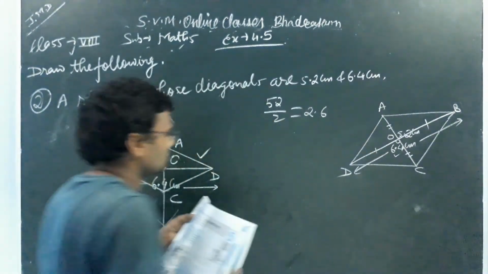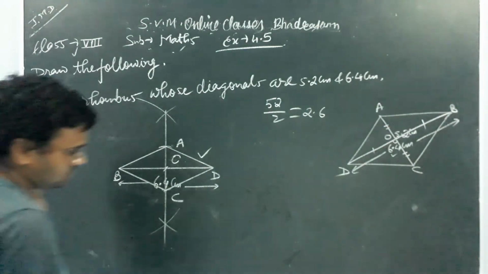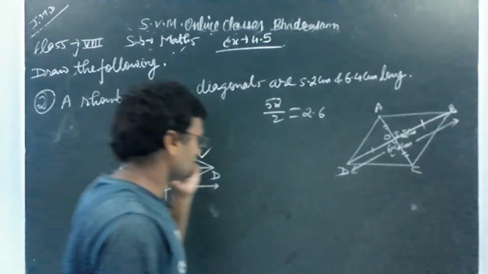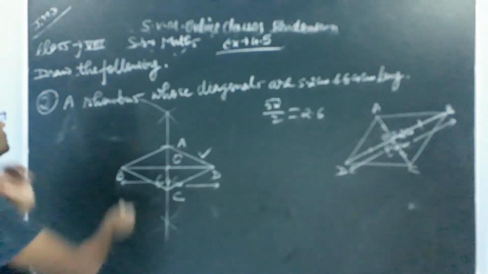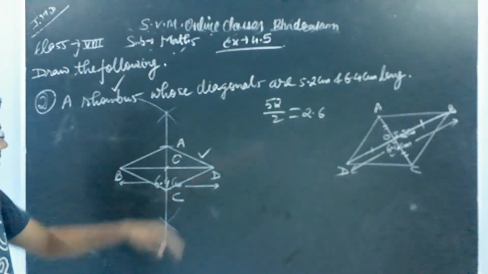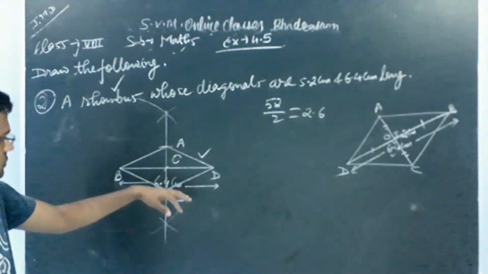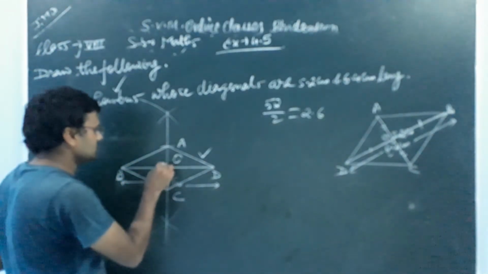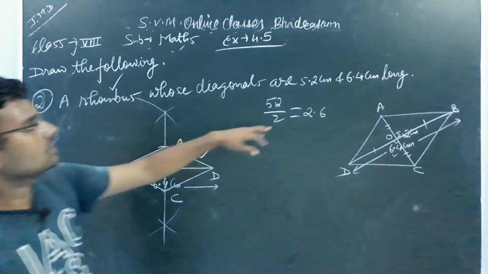Now we are seeing over here that this is our rhombus, so the diagonals will be intersecting each other at right angles. Meaning the diagonals divide each other into equal parts and the angle they form is 90 degrees.